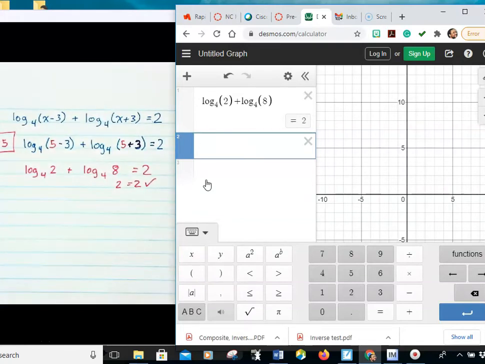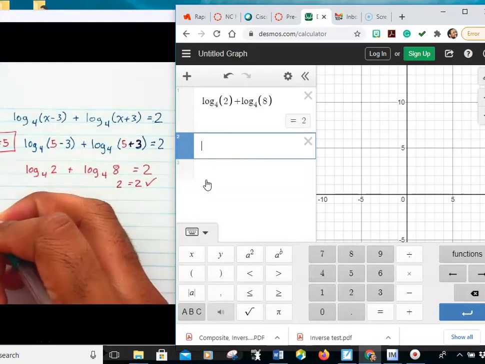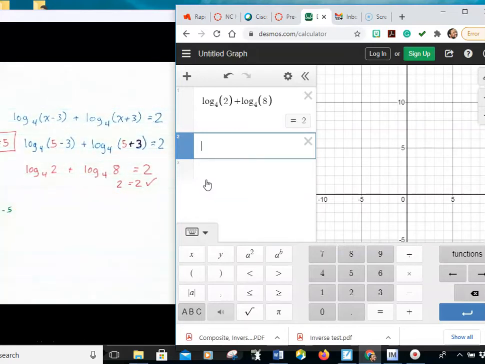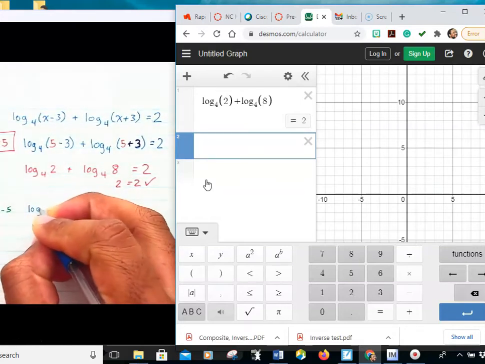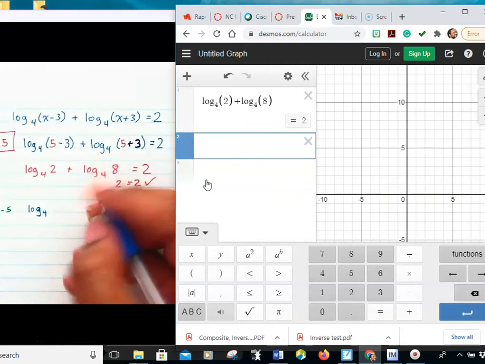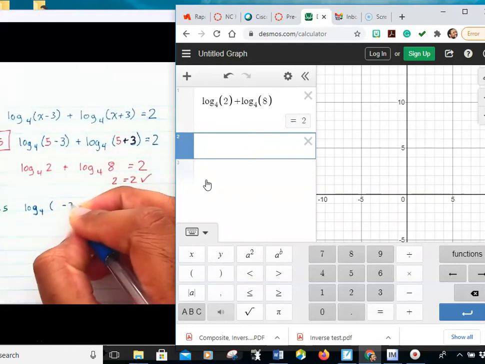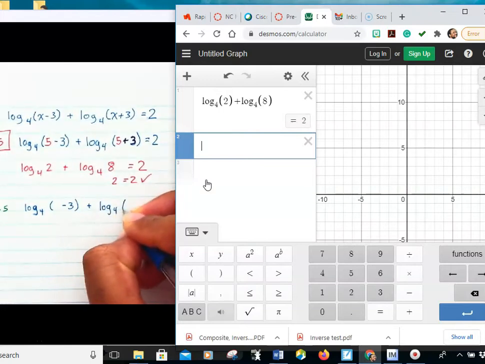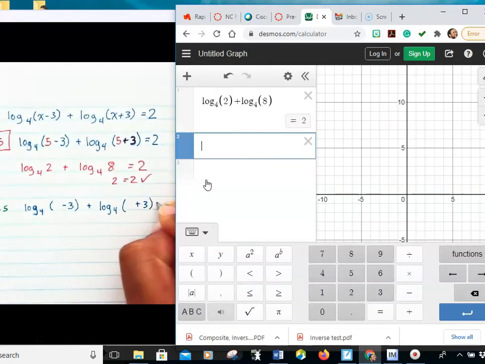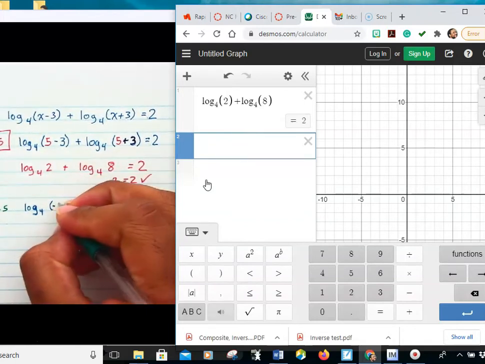All right, so really quick, let's do green. All right, so we get this bad boy going on. Again, we're using that same original equation. All right, we're going to put in -5 here.